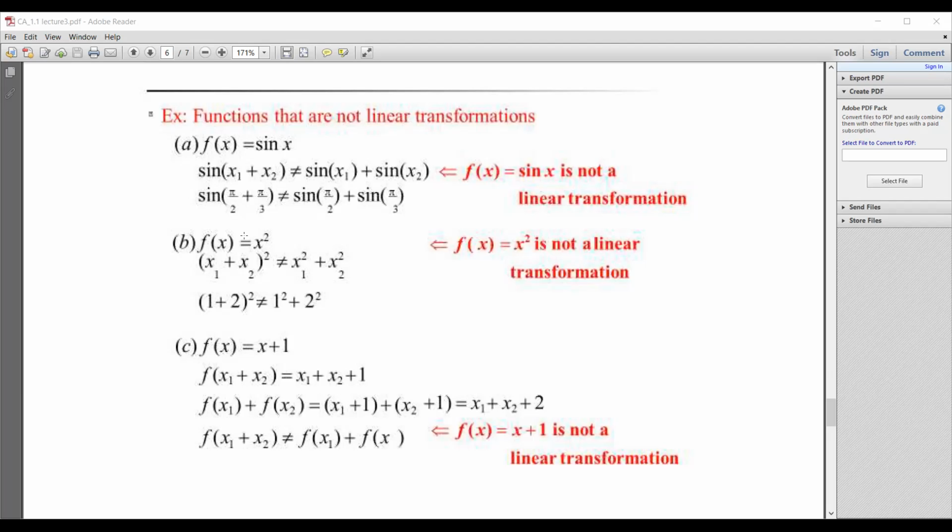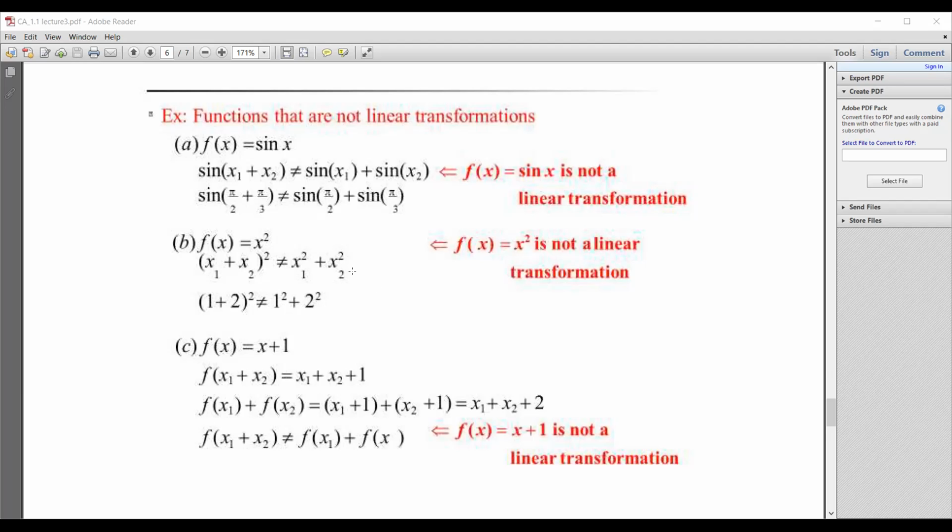Again, the second example, f of x equal to x square. Here x is a real number only. So we know that x1 plus x2 whole square is not equal to x1 square plus x2 square. There is also an example: 1 plus 2 whole square is equal to 9, and 1 square plus 2 square is equal to 5. So 9 is not equal to 5.